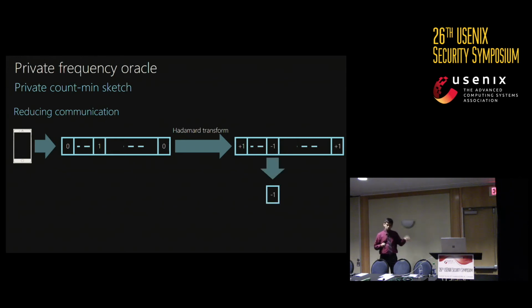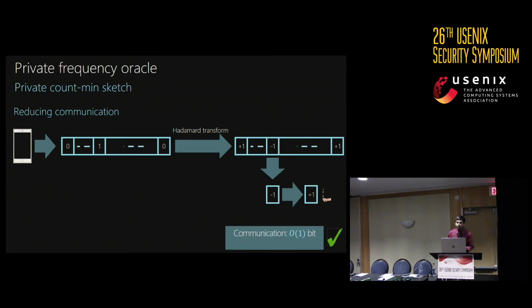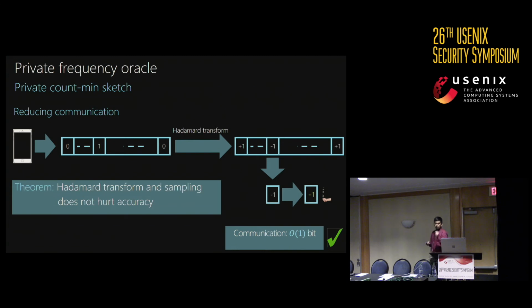Now, you sample one of those bits, flip it, and send it to the server. The communication comes down to one bit. Well, you need log n bits to tell which bit you are sending. But the theorem is that this sampling and this Hadamard transform does not hurt accuracy.